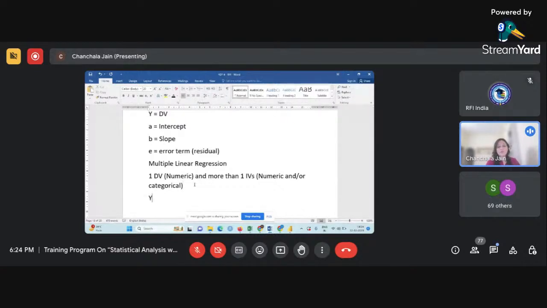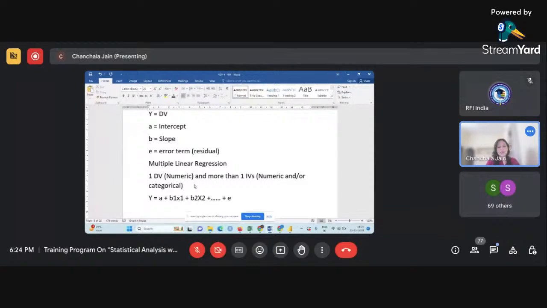Now we can write y equals a plus b1 x1 plus b2 x2 plus e.